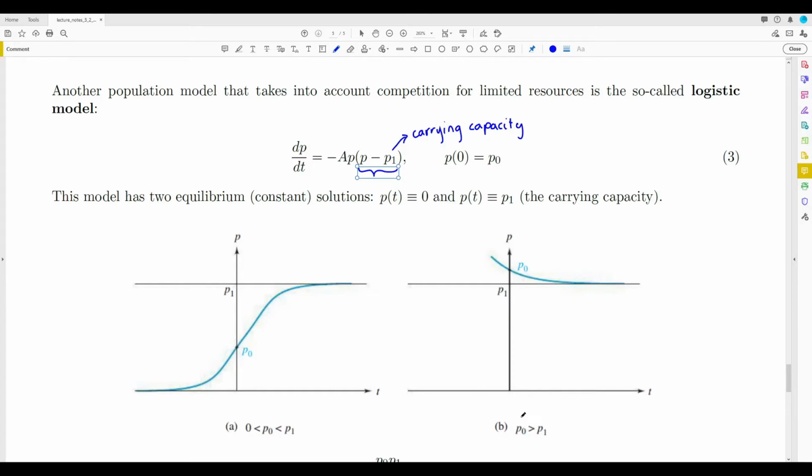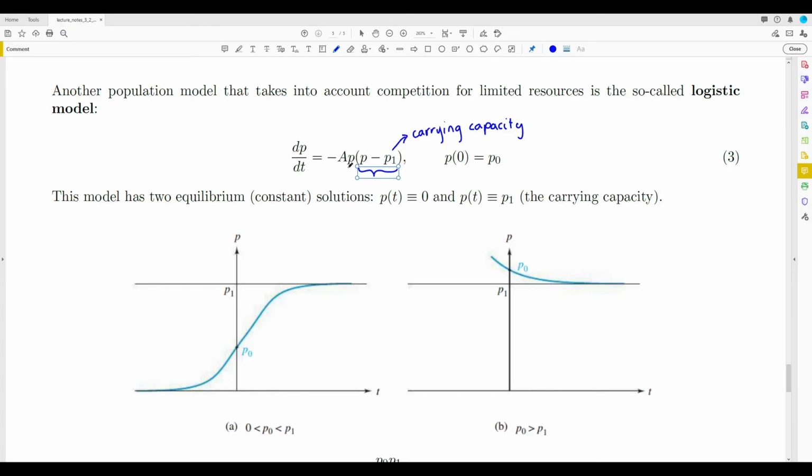If the starting population p naught is greater than p1, then as we discussed before, this is going to be positive, and then with a negative in front, that's going to be negative, and so the population will decrease until it reaches the carrying capacity.